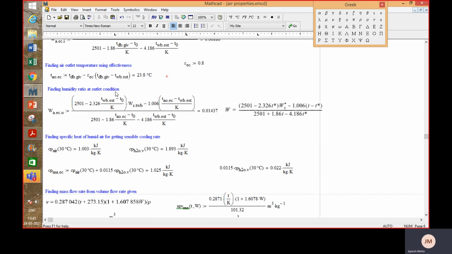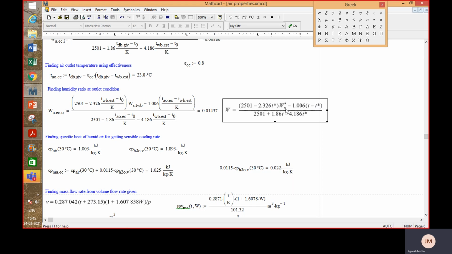Now, finding the humidity ratio at outlet condition. What is given is volume flow rate. It is to be converted into mass flow rate, and for that you need humidity ratio also. So humidity ratio at point 2, the outlet condition, is to be found. Again you use this formula, but now the good thing is that you already know the dry bulb temperature as well as wet bulb temperature, and you will also be able to get the value of Ws.